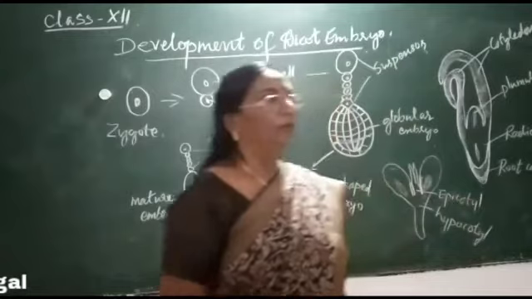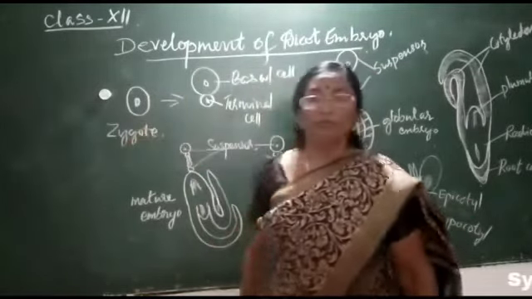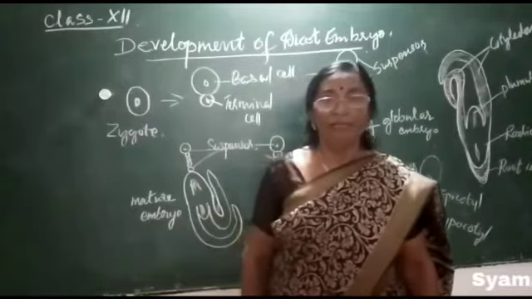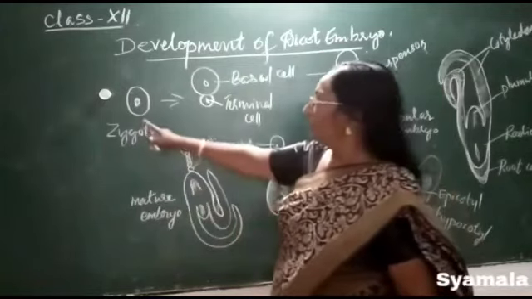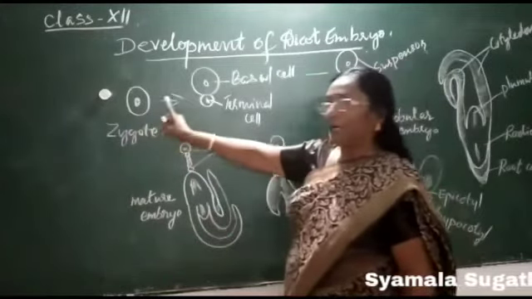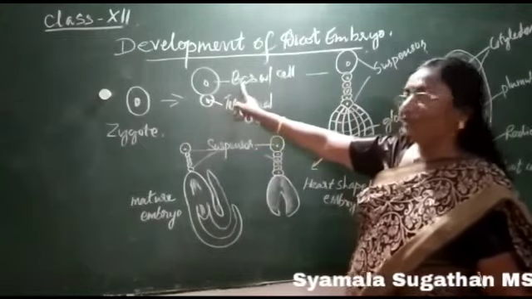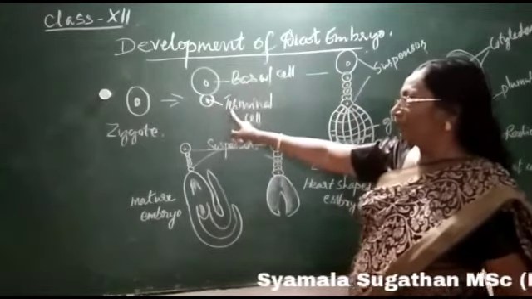The embryo develops from the zygote formed by the fusion of male and female gametes. This single cell undergoes an unequal division resulting in two cells, one basal cell and a terminal cell.